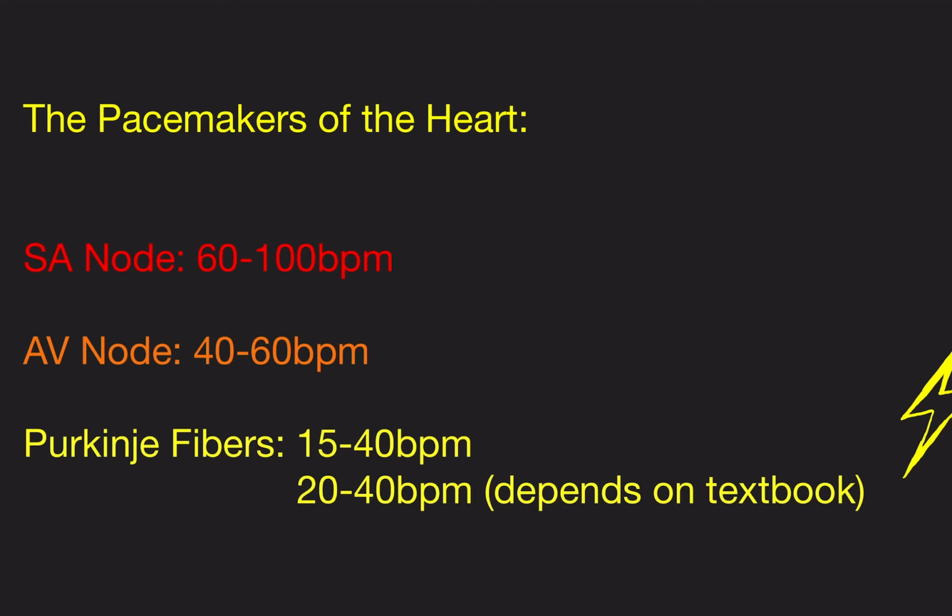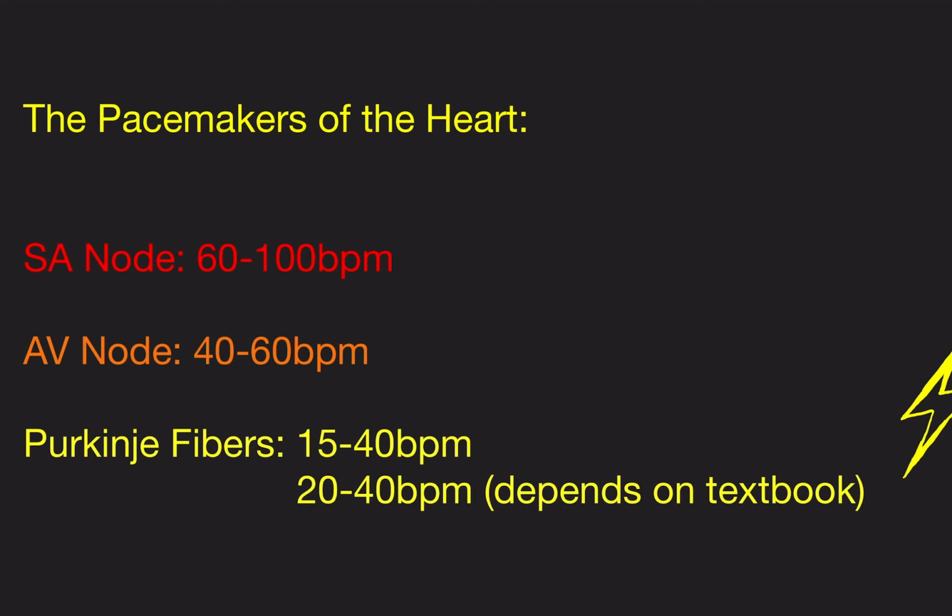Only one pacemaker cell could start firing at once. You cannot have all three pacemaker cells firing. No. One can only fire. The one that fires the fastest will take over as the pacemaker of the heart. Now, if the SA node stops working, the AV node will actually kick in, but it has limitations.